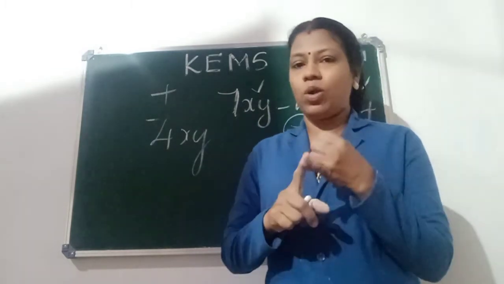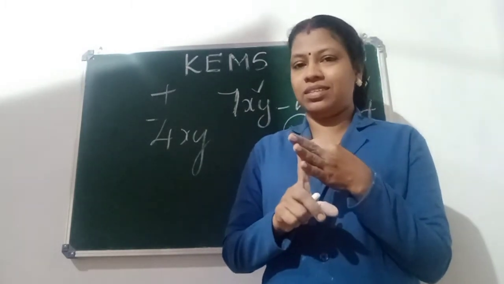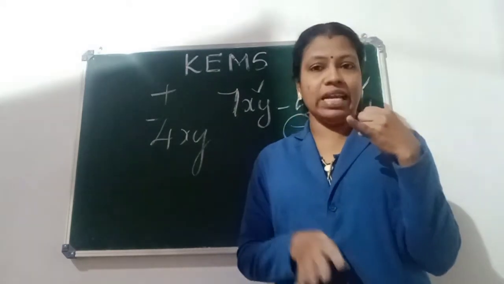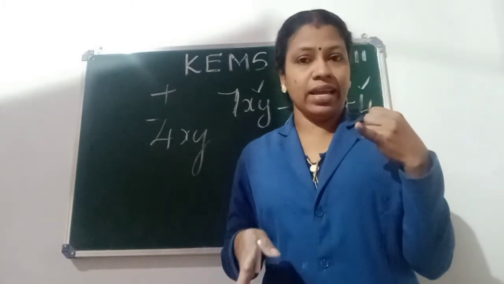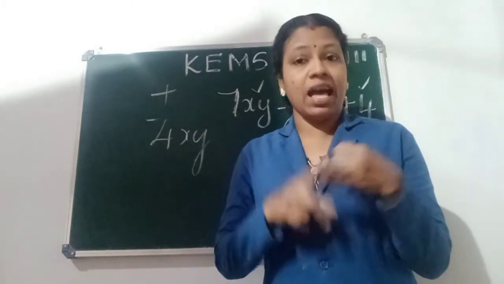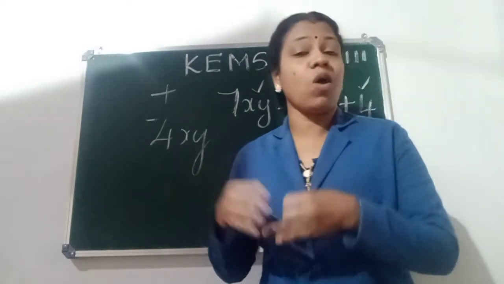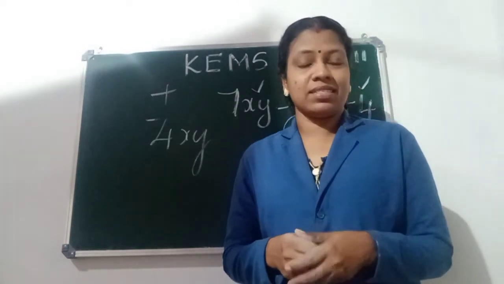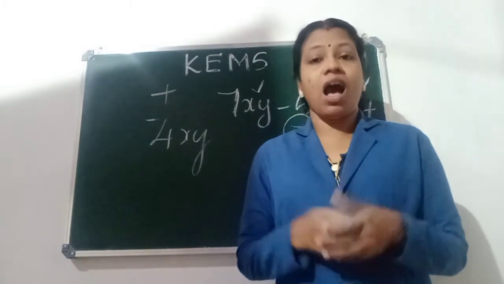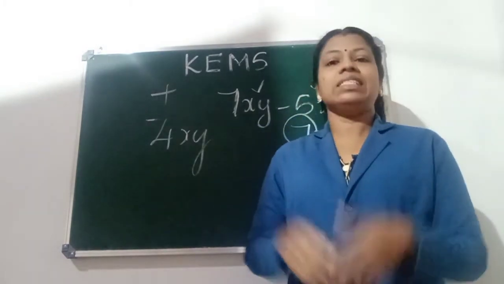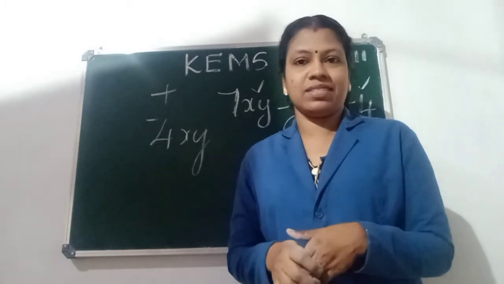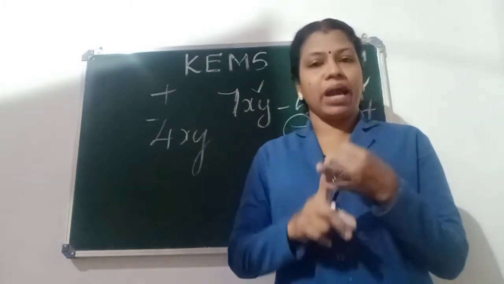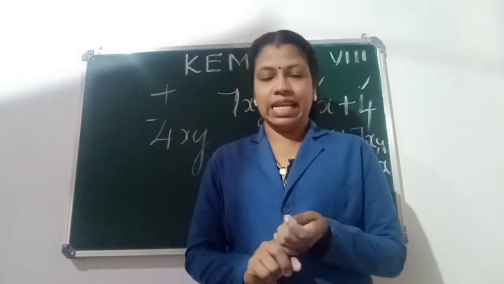Now it's clear? Monomial, binomial and trinomial. Once again, an expression having only one term is a monomial, two terms is a binomial, and three terms is a trinomial. Generally, we call all expressions polynomials, but we can classify them as monomial, binomial and trinomial.